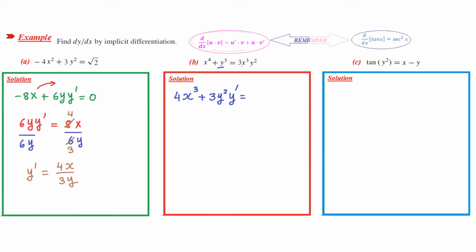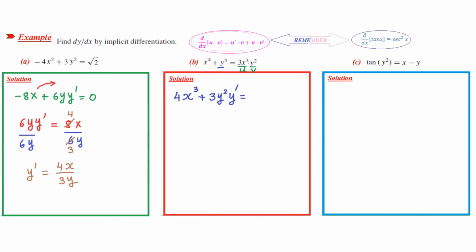The right hand side is multiplication of two functions, so you have to take 3x cube as u and y square as v or f or g, it's up to you.